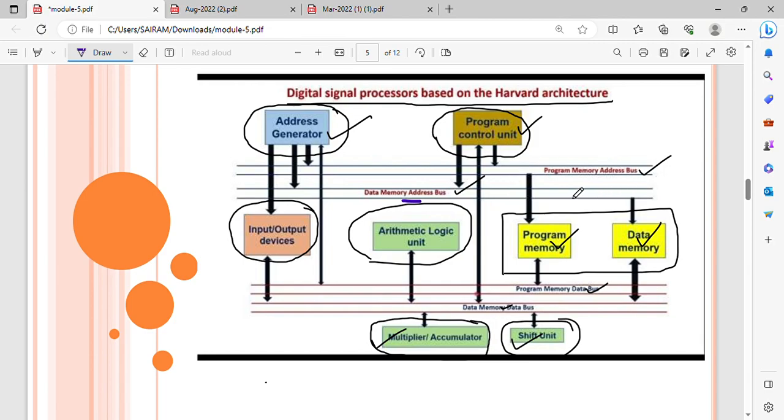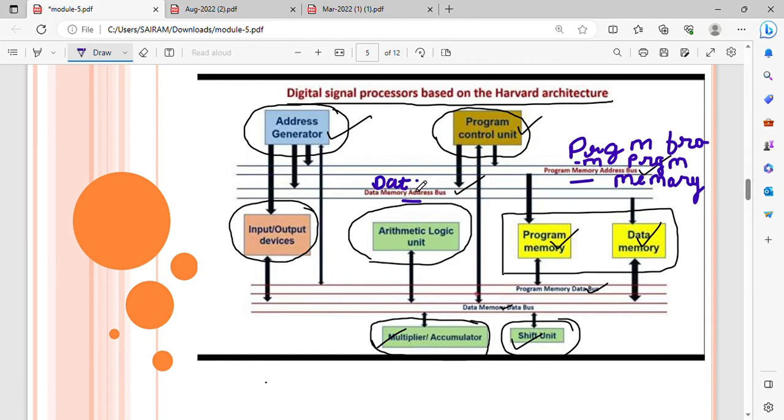This is the program from program memory, and that is the data from data memory.